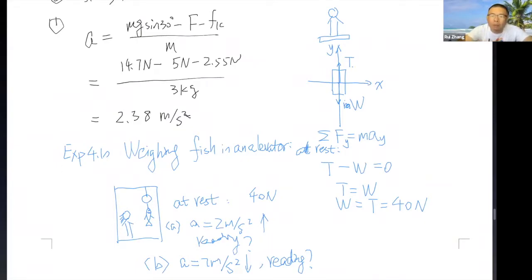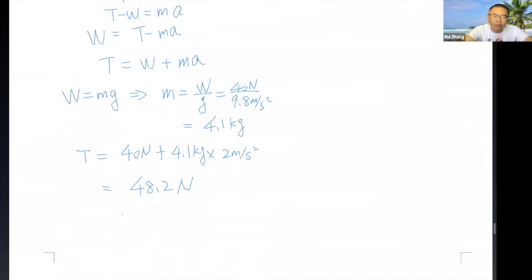So it needs to be bigger so that you can have a total force going upward, okay? So that's why you have this 48.2 Newton, okay? Does that make sense? Give me a thumbs up or something if you feel like it makes sense. Good, okay.